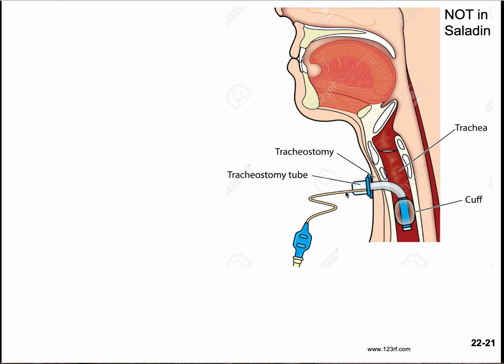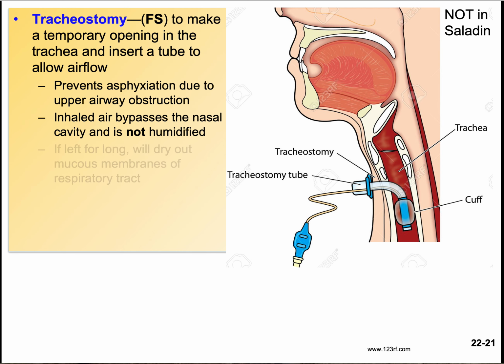Well, the air coming in right here in this situation is not being moisturized or warmed. And so what's going to happen is dry air that's probably cooler than the body is coming in and irritating the lining of the trachea and also the lungs. And that can lead, over a long term, to some serious problems. And that's described right here.